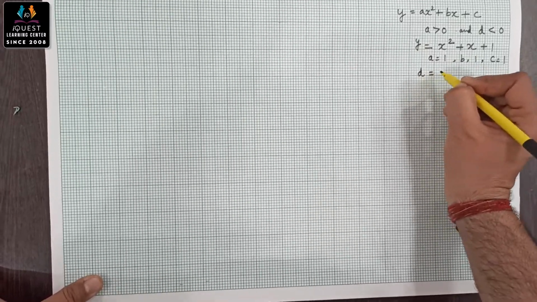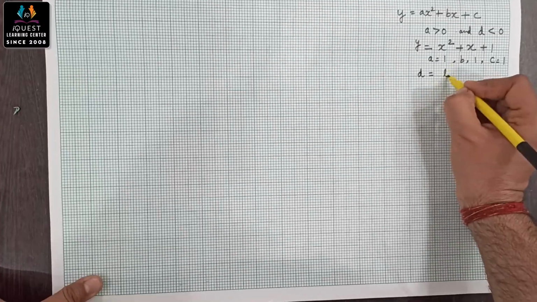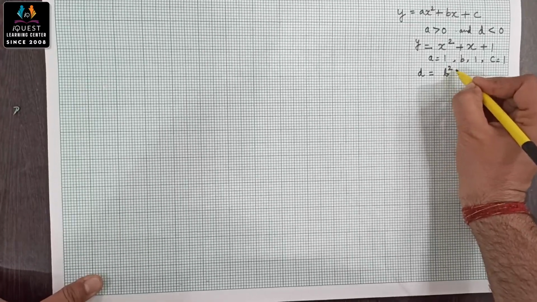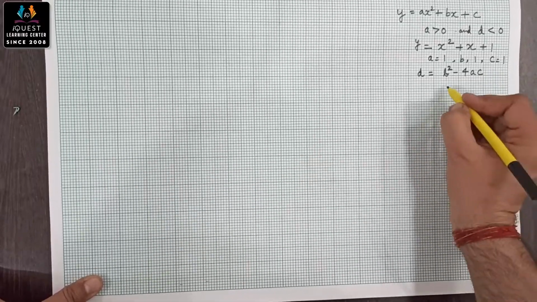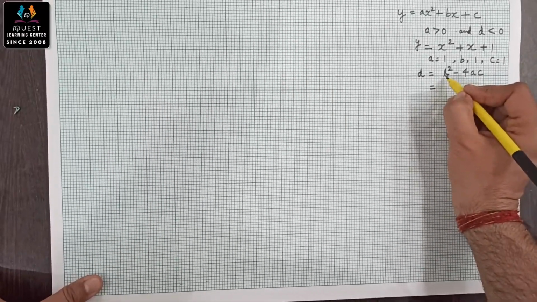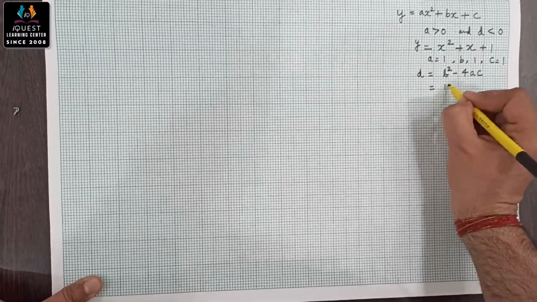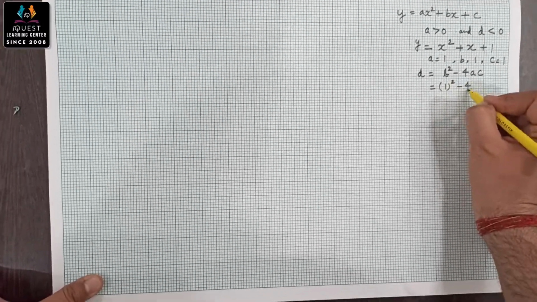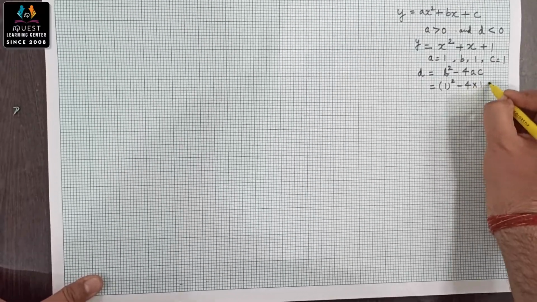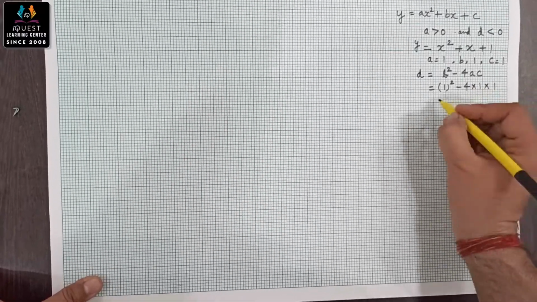The formula for finding the discriminant is d is equal to b square minus 4ac. Substitute the values of a, b and c: b is 1, a is 1, c is 1.